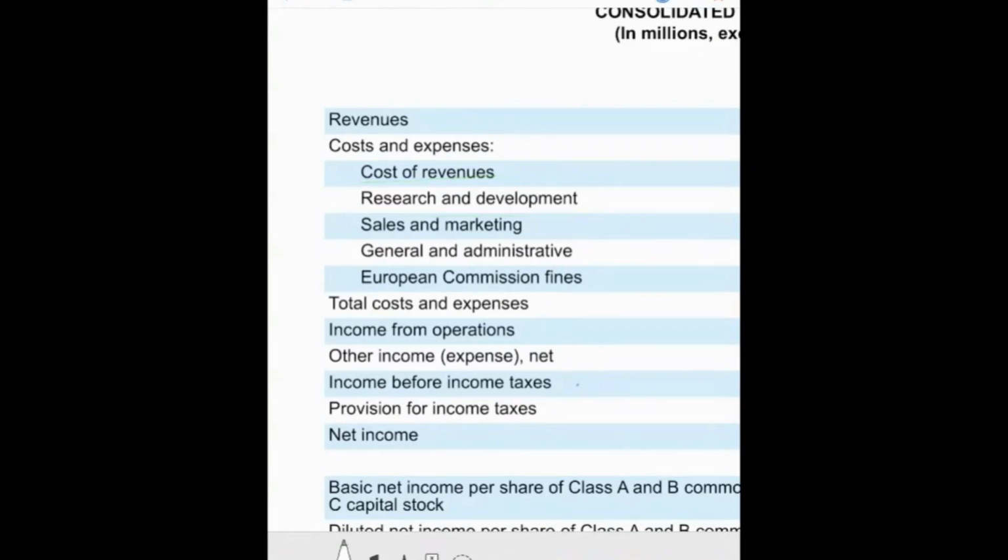What is very common is these two segments: your sales and marketing and your general and administrative. Let me talk about your sales and marketing first. Your sales and marketing is actually marketing expenses.